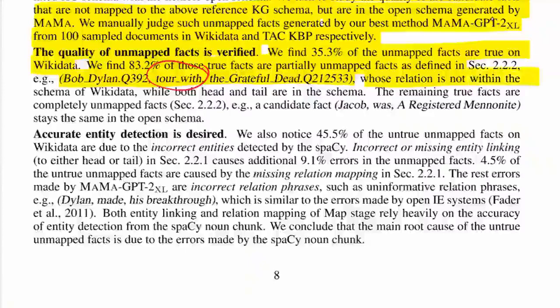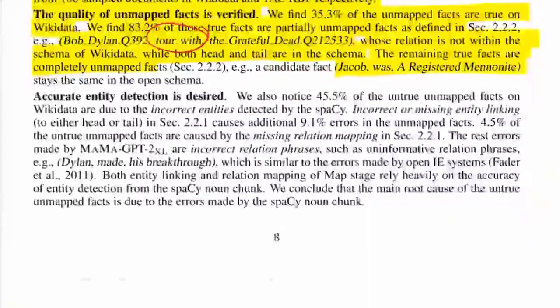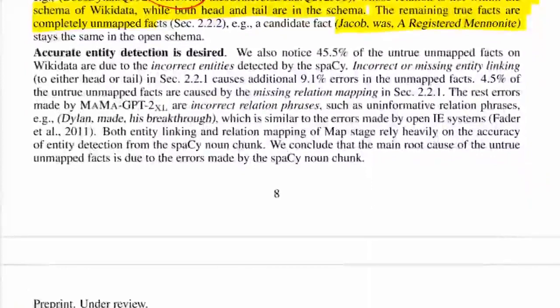"Whose relation is not within the schema of Wikidata, while both head and tail are in the schema. The remaining true facts are completely unmapped facts." For example, Jacob was a registered Mennonite. They also say accurate entity detection is desired, where a lot of the errors are due to spaCy detecting incorrect entities, or due to incorrect or missing entity linking by those systems.